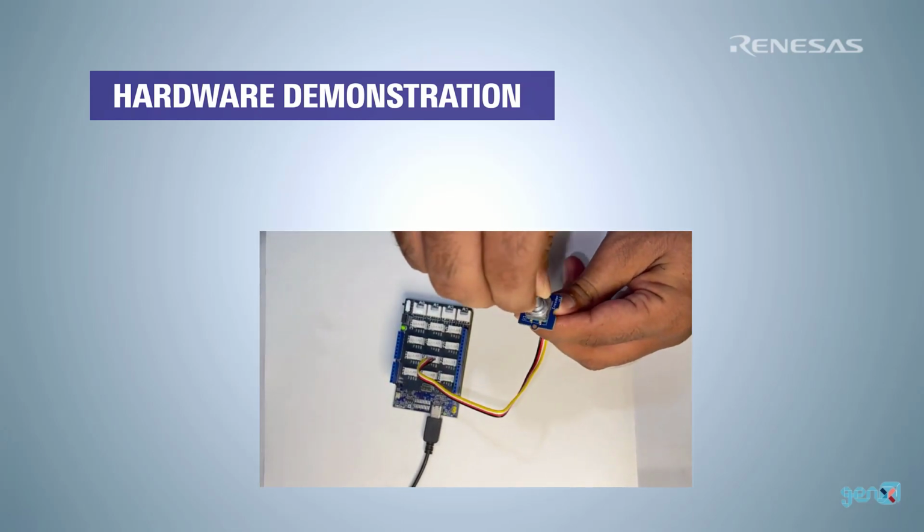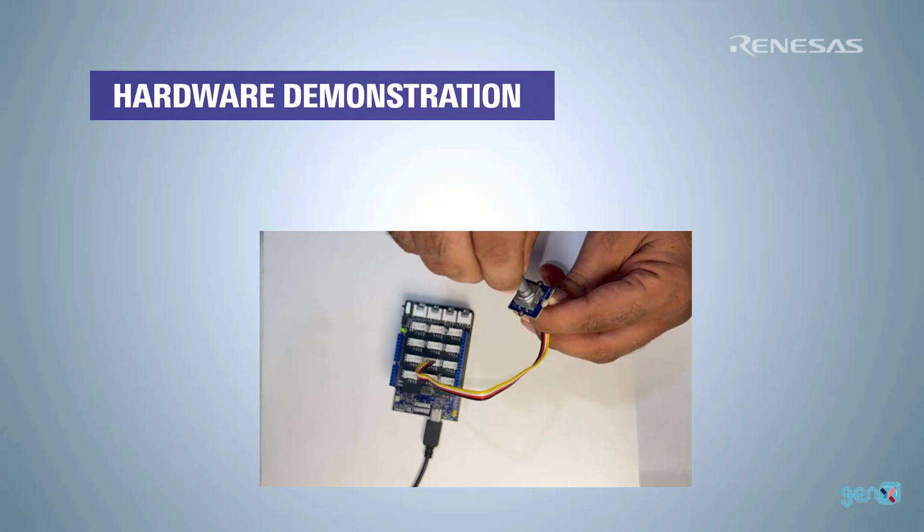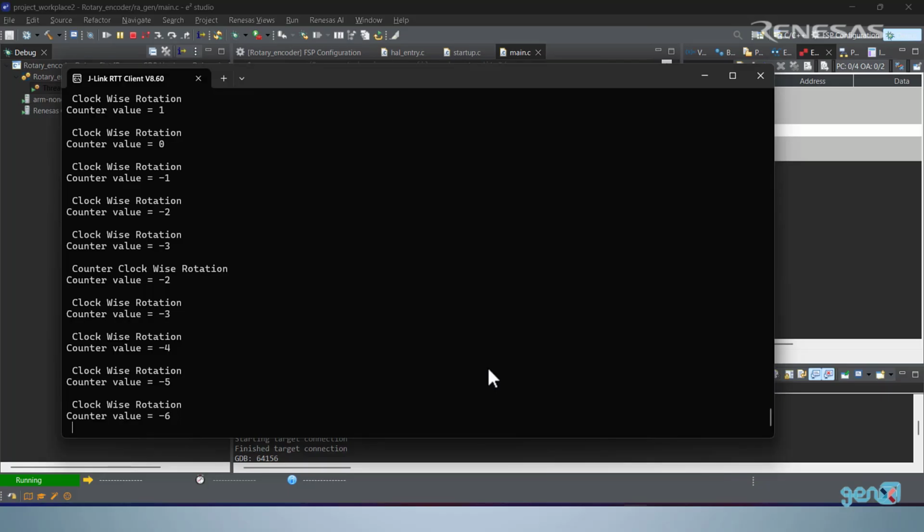Also, for demonstration, I have used the callback function to check D7 and use the append function. But in production code, keep your callback function instructions as minimal as possible. Like in the FSP documentation we studied earlier, just set a variable flag and run the other instructions in the hal_entry while loop.